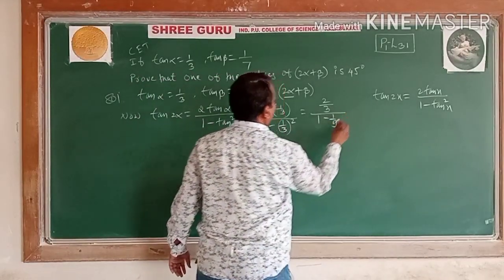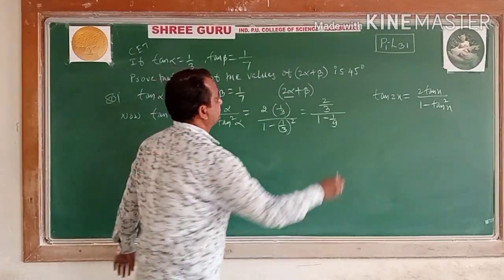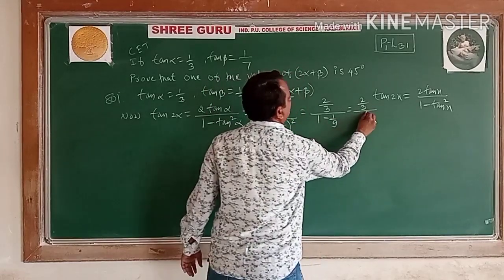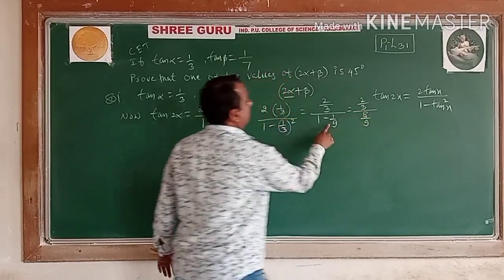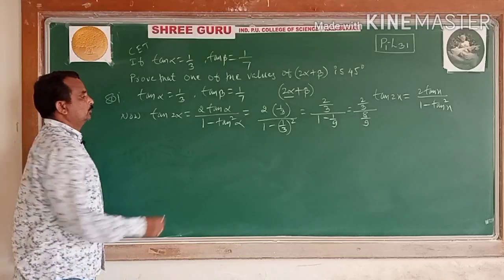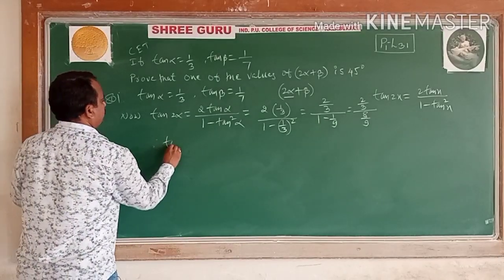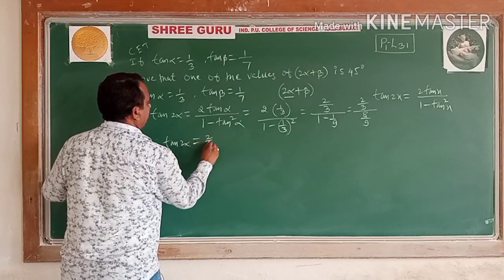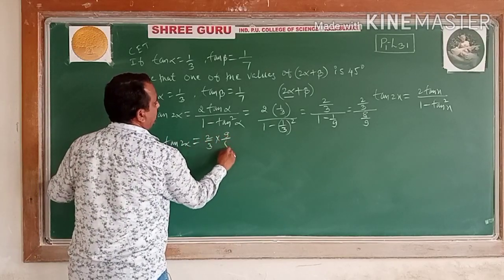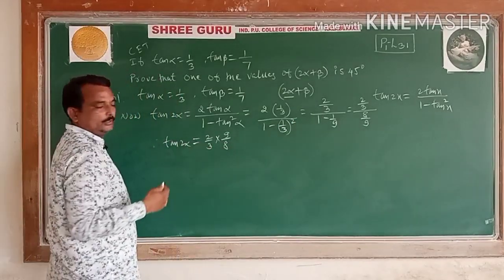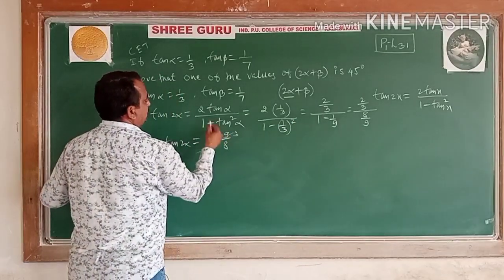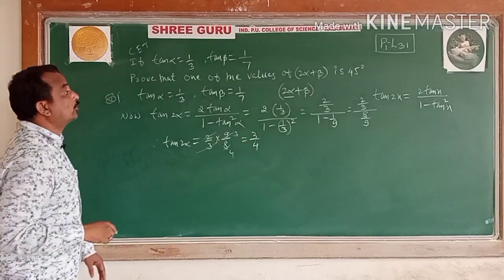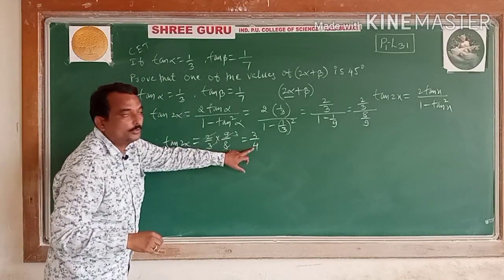So tan 2 alpha is equal to 2 by 3 into 9 by 8. 3 threes are 9, 2 fours are 8, so tan 2 alpha is 3 by 4.